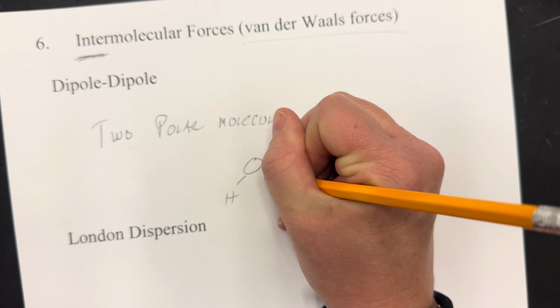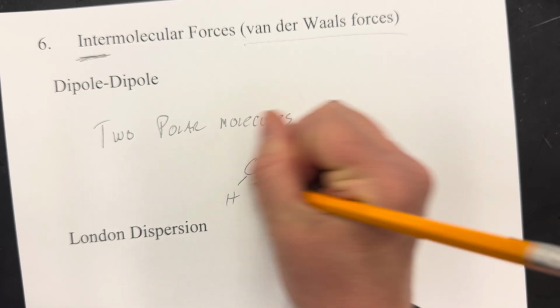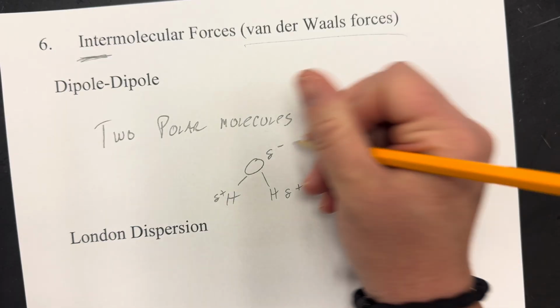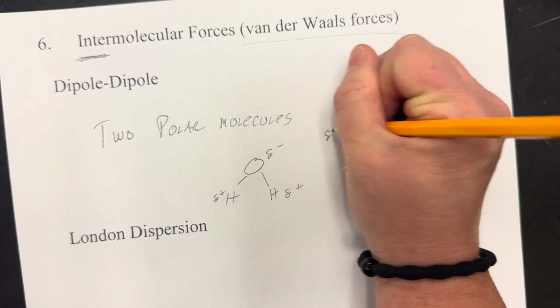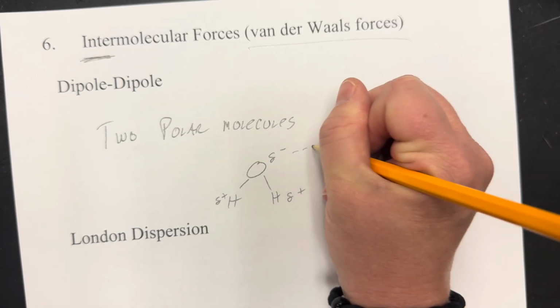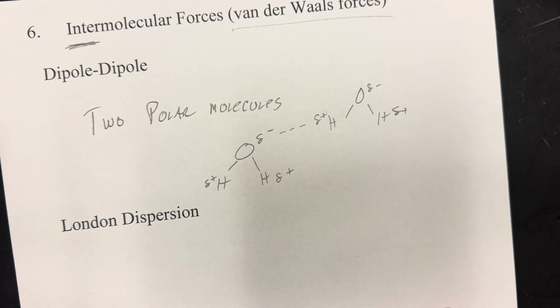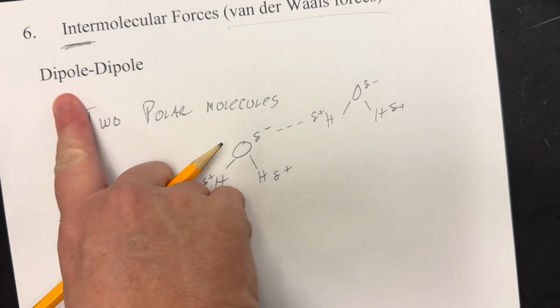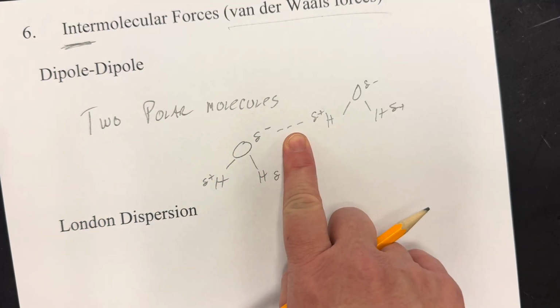So water is our classic example, where oxygen is partially negative, your hydrogens are partially positive. If 2 water molecules get near each other, that partial positive and partial negative end are going to be attracted to each other. That is an example of a dipole-dipole force. Dipole just means polar, so polar to polar. And that is that force.